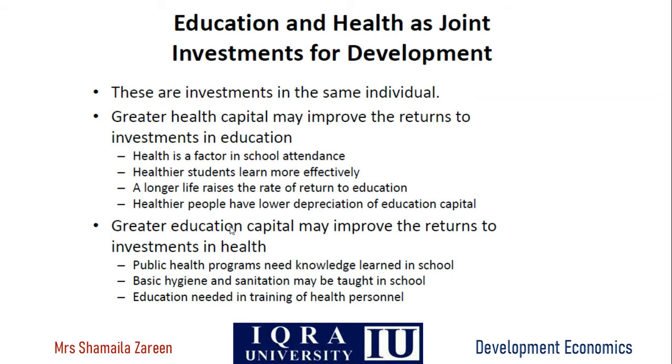If the person is healthy, he is more vigilant, and he will concentrate more on education, and healthier students learn more effectively. Longer life raises the rate of return to education, and healthier people have lower depreciation of education capital.